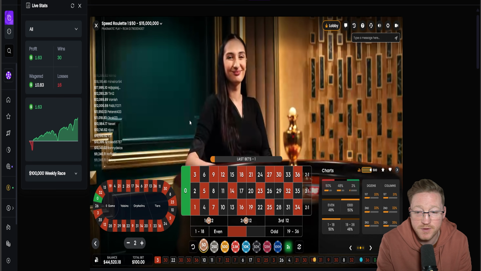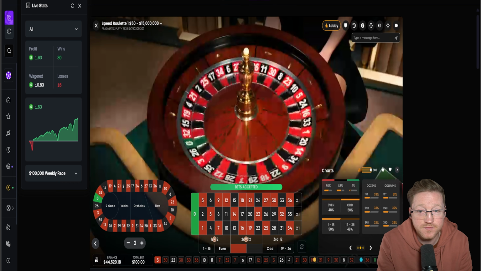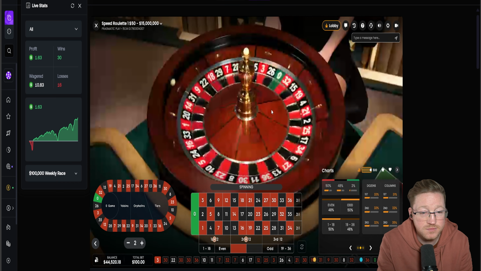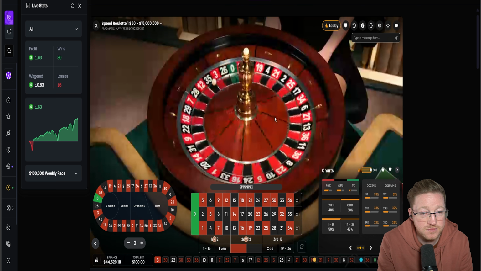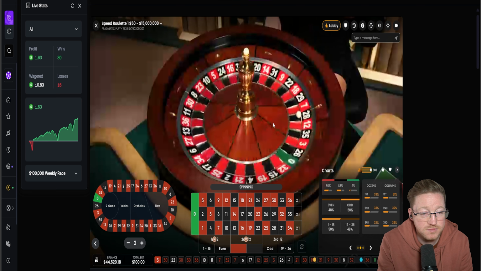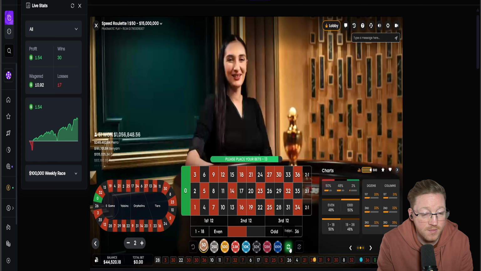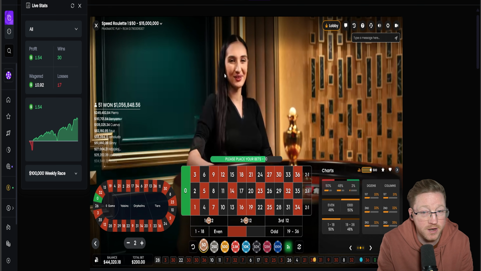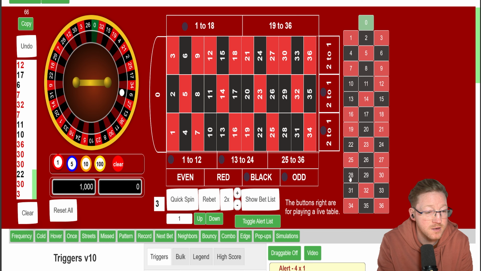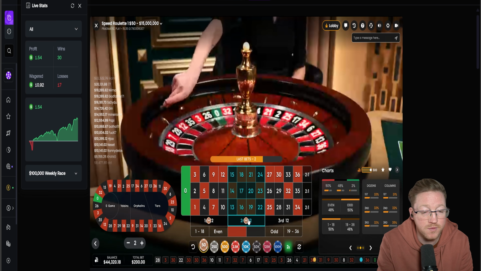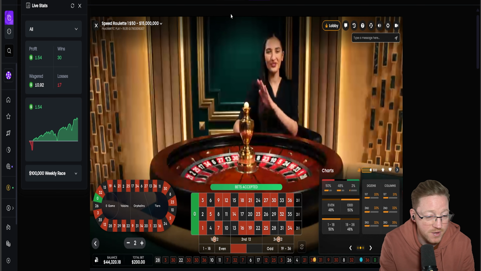So 50 on each. Again, so close to getting to our target profit. Loss. So repeat, double that up, and it was 28. We'll move that up to the end. There you go. Just about made that one.